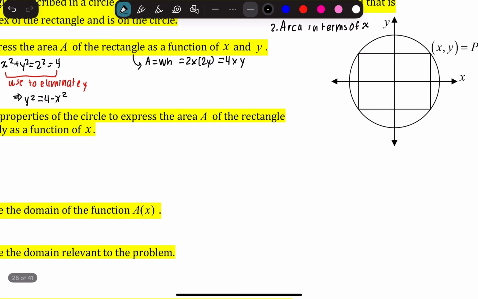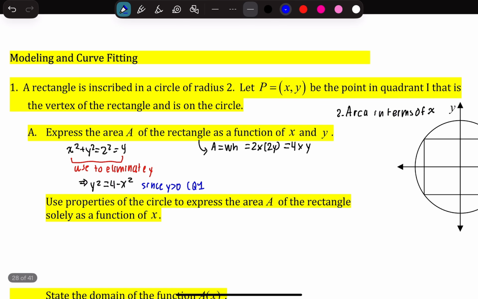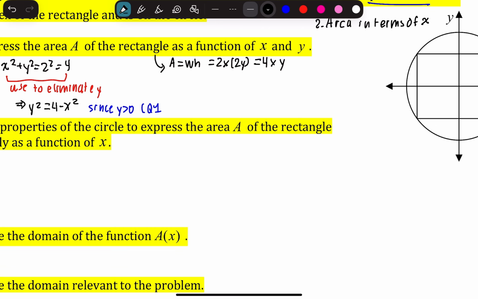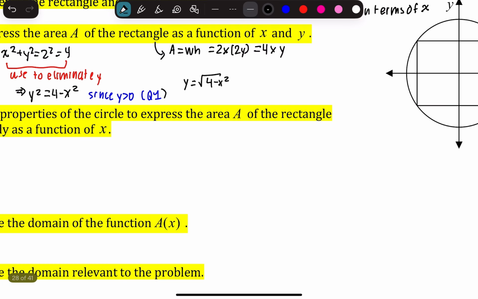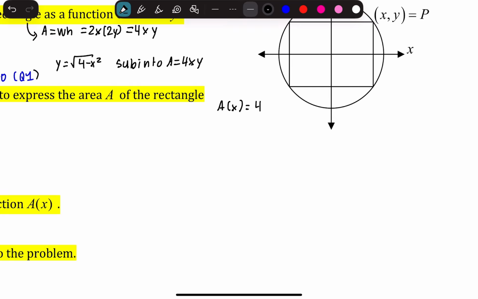And now that we have that, since y has to be positive because it's in quadrant 1, we can write this as y is equal to the root of 4 minus x squared. So we know it's the positive one. Then we can substitute into A equals 4xy. So we have A of x is equal to 4x times the root of 4 minus x squared. So that's going to be your answer for that part.